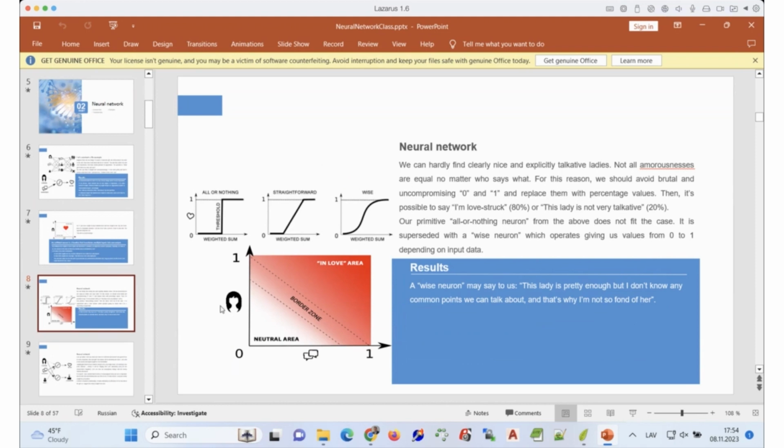That's the thing, and we will be using that afterwards. Such a real-life thing is based on so-called weighted summation, or in other words, a neuron. We will be using that afterwards.